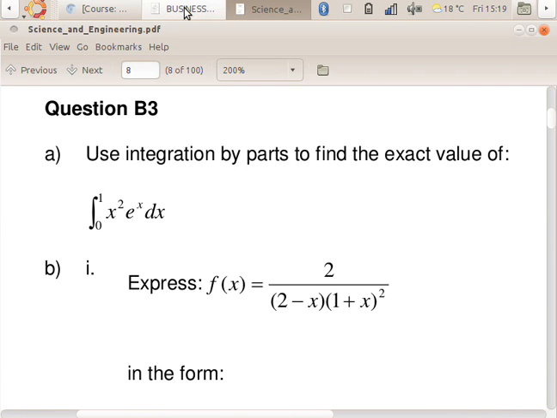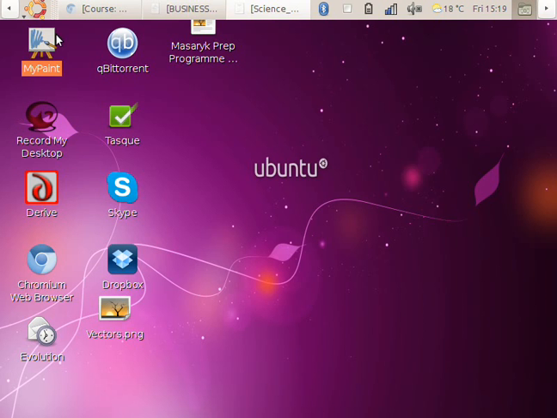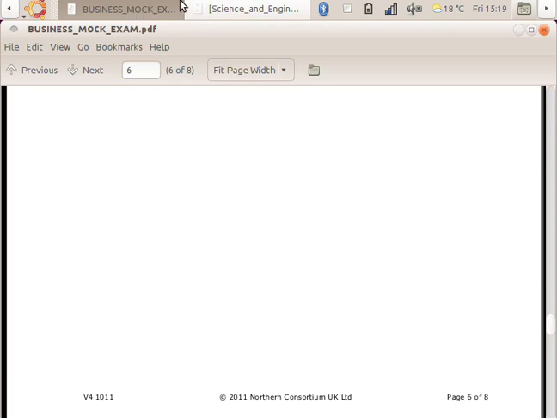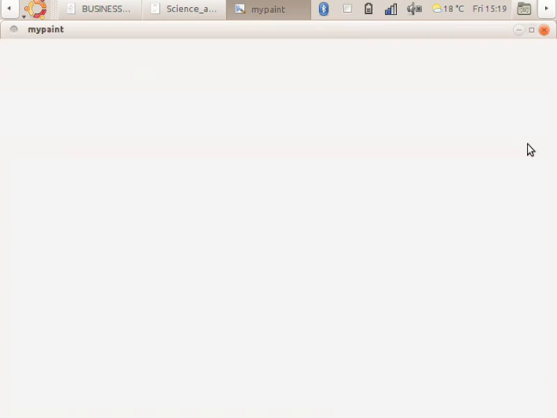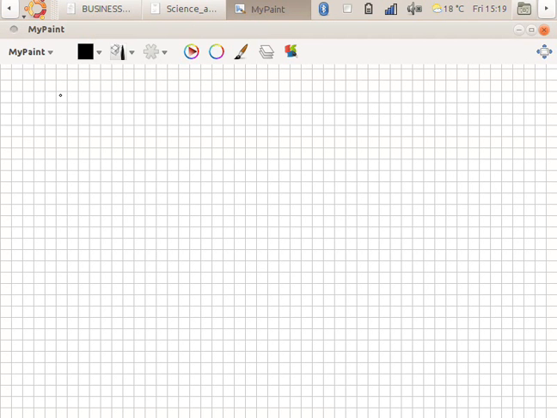Okay, so let's have a look at this. So we have, integrate 0 to 1 x squared e^x dx.